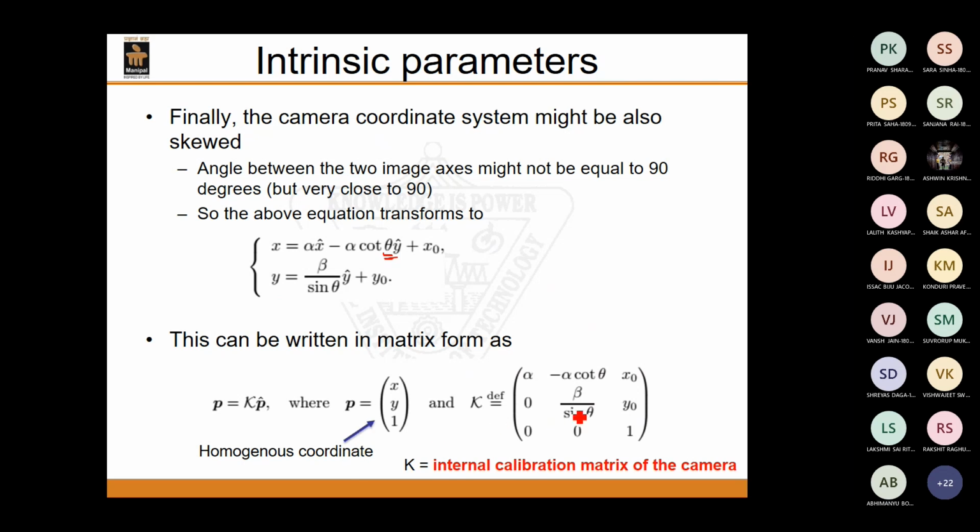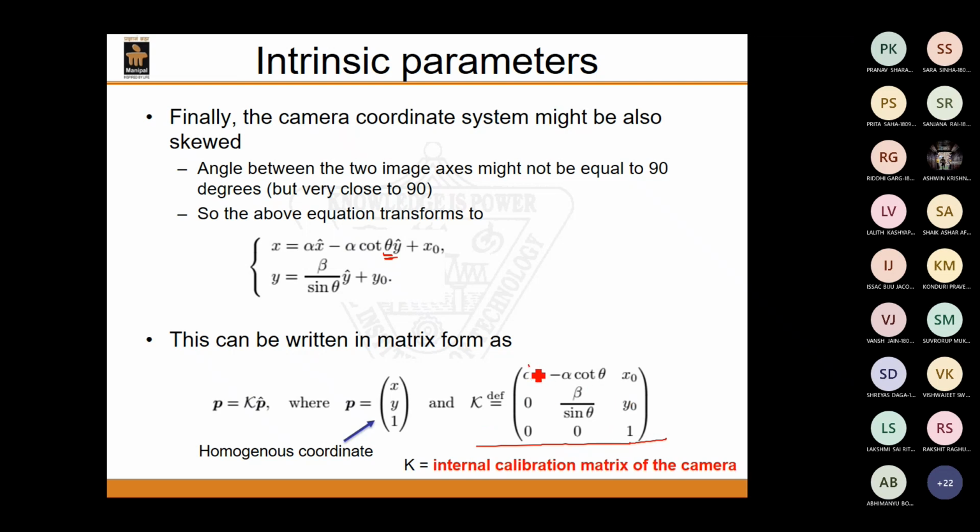So incorporating all those different parameters together, you can write the internal calibration matrix as shown over here. You can calculate the internal calibration matrix using this formula where I write K is equal to these elements.